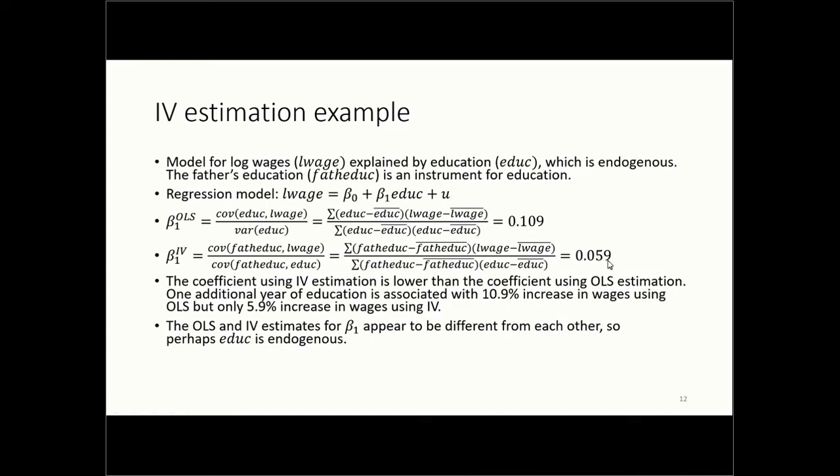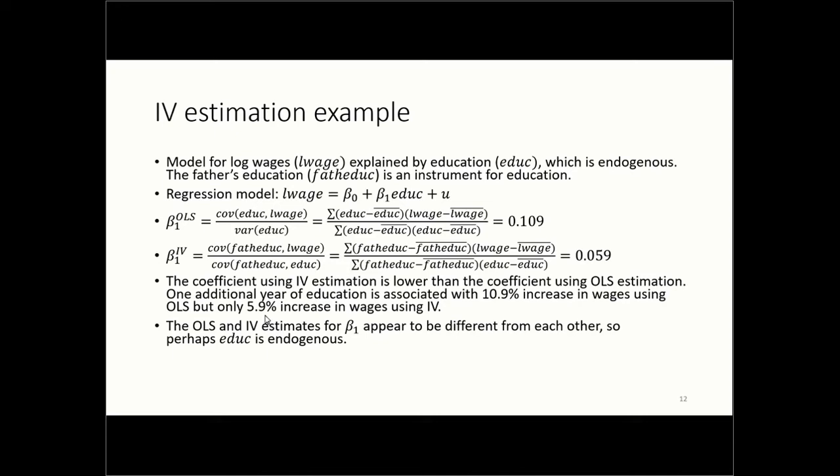So what we're seeing here is that the IV coefficient would be lower than the OLS coefficient. And how we are going to interpret it is that one additional year of education is associated with a 10.9% increase in wages using the OLS model, but only a 5.9% increase in wages using IV. So notice here that we have a much lower increase in wages when we correct for this endogeneity.